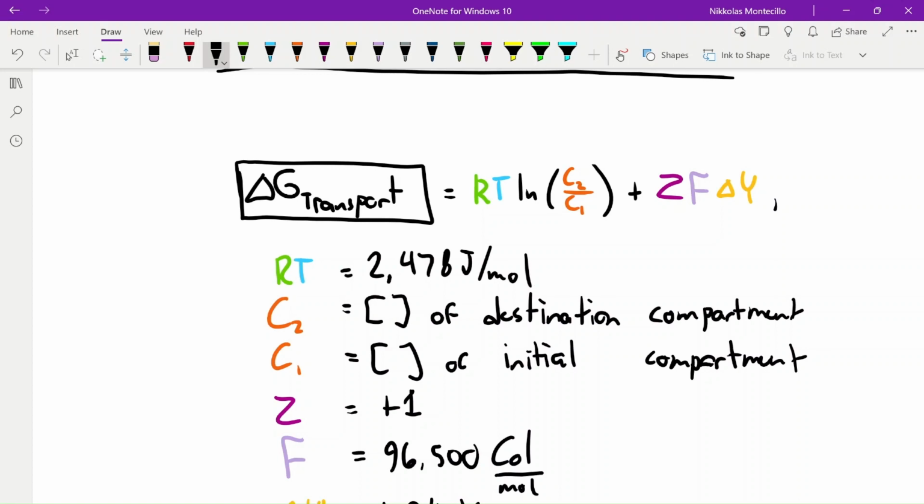Z is the charge of the ion, which in this case is hydrogen, with a charge of +1, so Z equals +1.